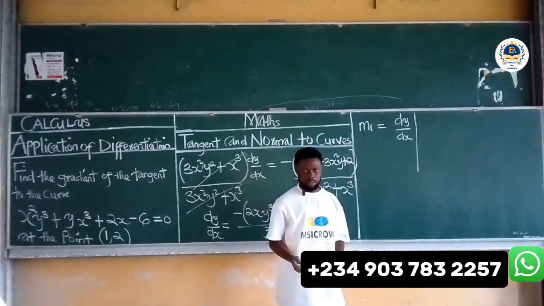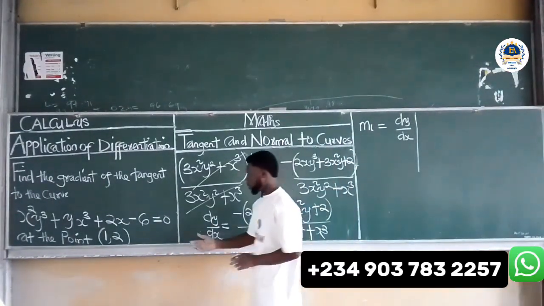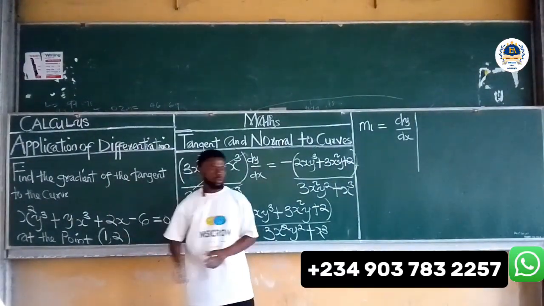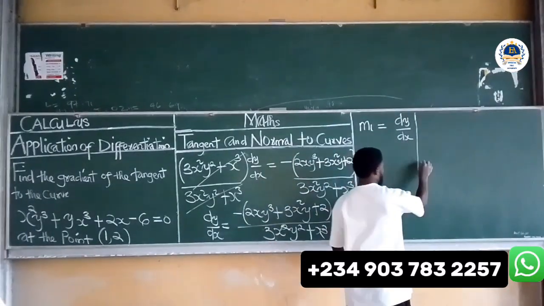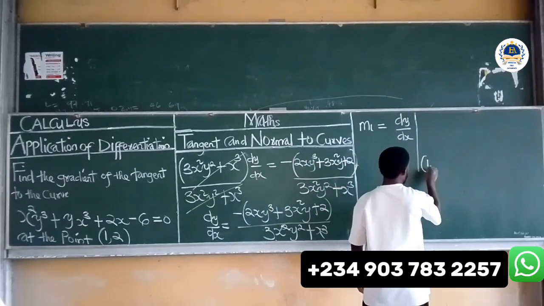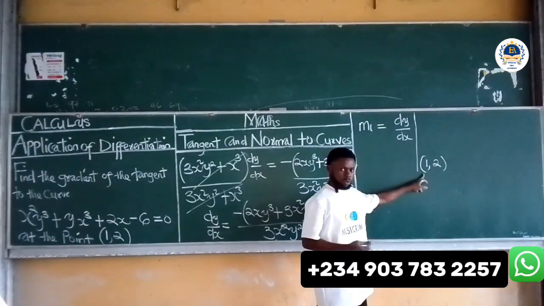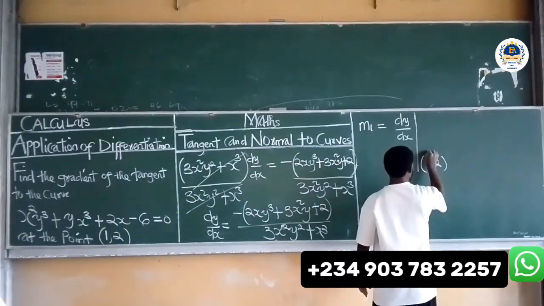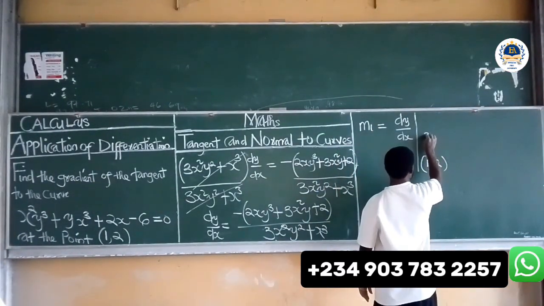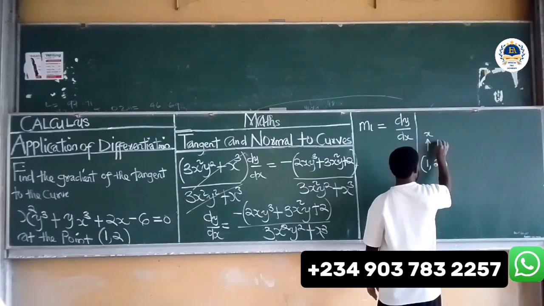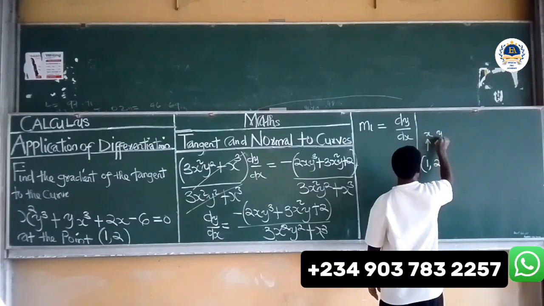In this case, the point was given as (1, 2). In this position, 1 represents x, whereas 2 represents y.